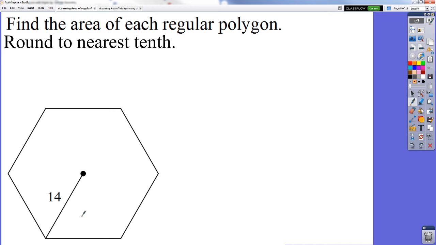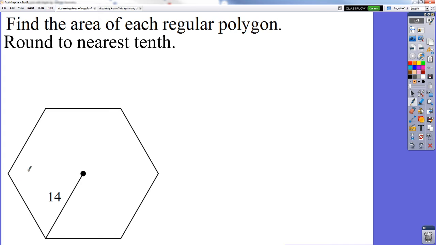And then you can find the perimeter, 14 times 6, and 1/2 times the apothem times the perimeter, and you have your answer. You can do it that way all the time. You're free to. That's fine. I'm going to show you how to do it this way just in case you like this way better.